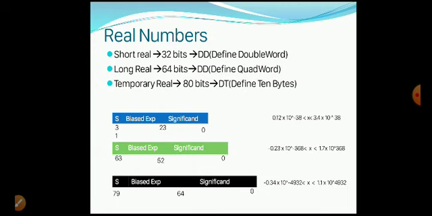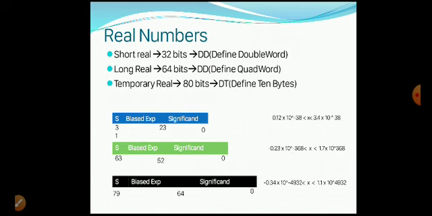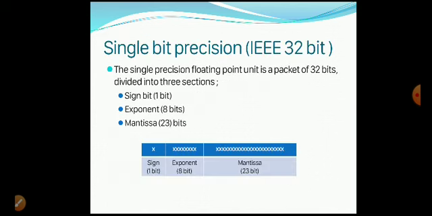Now for the sake of understanding, we are going to see how it converts any format. We are taking a simple packed decimal number and seeing how it is converted into the temporary real 80 bit format. But for the sake of understanding, we are not going to cover the 80 bit format.